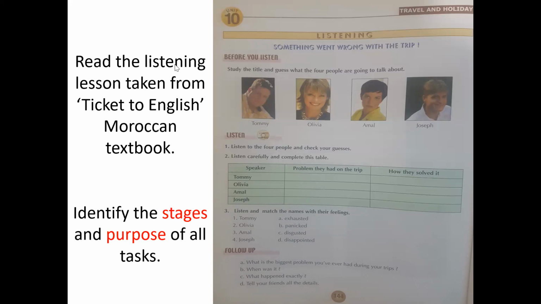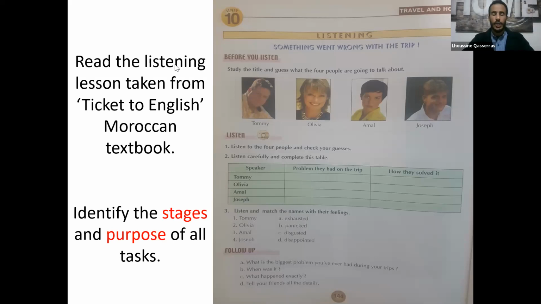Good. When you go somewhere to have some fun. Great. Now I want you to guess the title, something went wrong, and look at the pictures. What do you think the listening will be about?